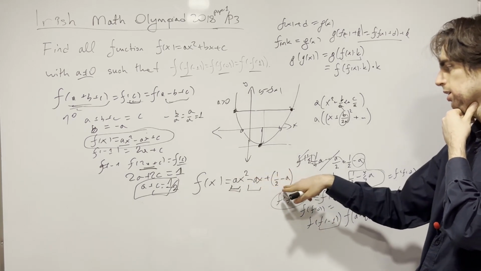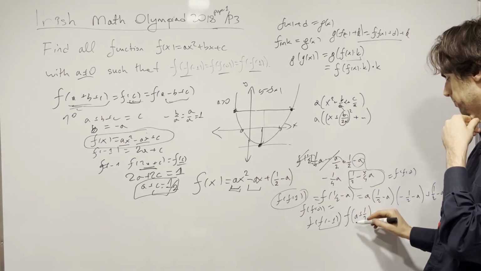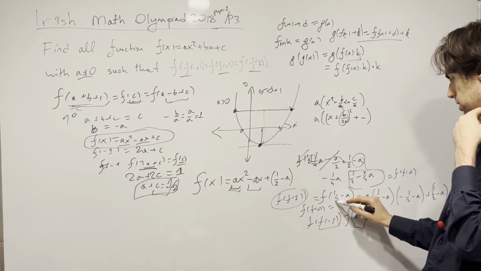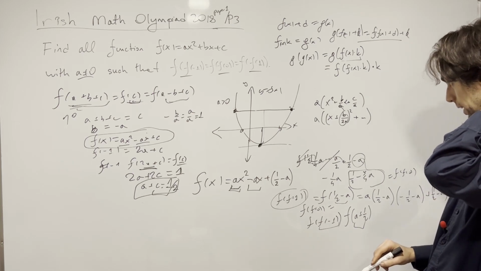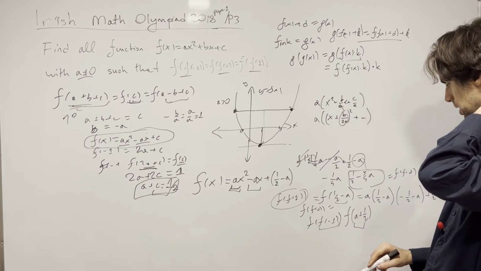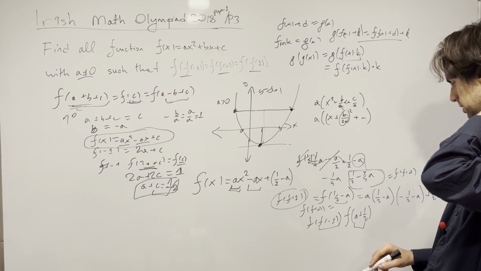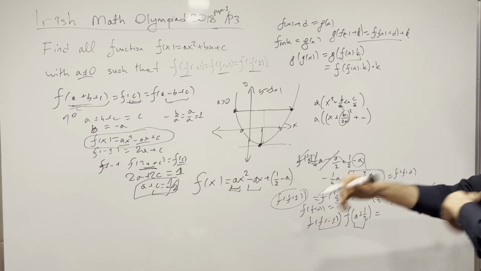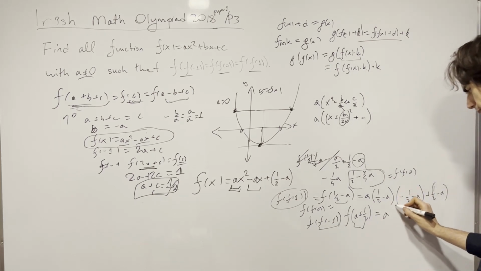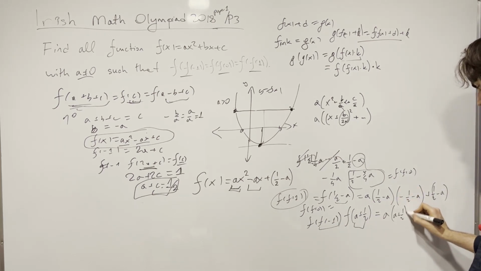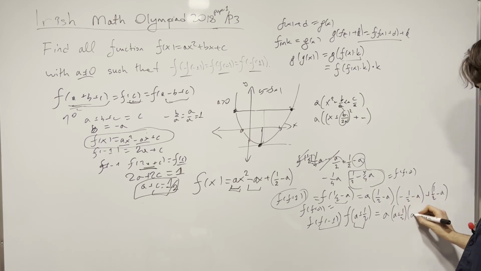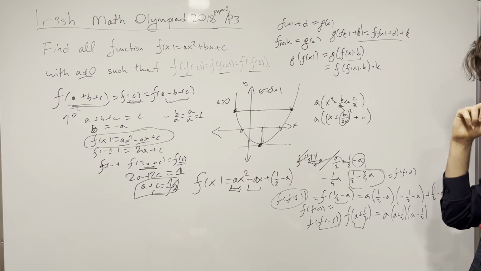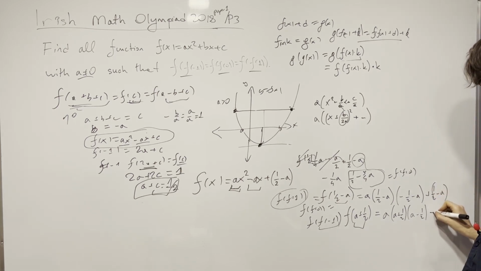This is 2a minus a plus a half. And now, when I sum these two, I'm getting a 1, which is what I should be getting. And now this is a times a plus a half, then x minus 1, a minus a half, and I have plus 1 over 2 minus a.